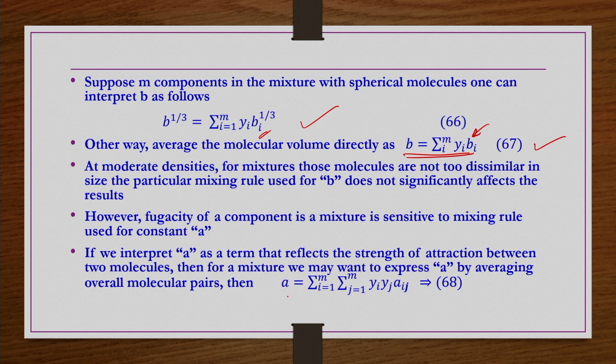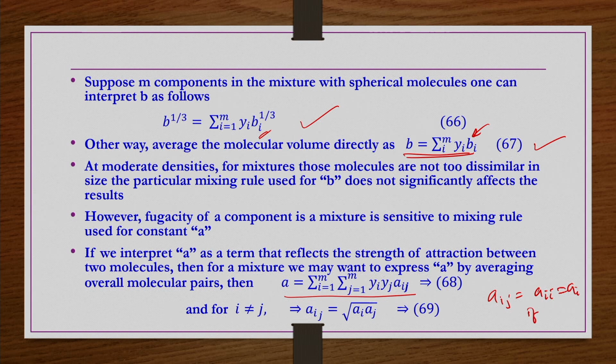For A, one mixing rule is A equals the sum over i from 1 to m, the sum over j from 1 to m, of y_i y_j a_ij. If i is not equal to j, then a_ij is the square root of a_i a_j. If i is equal to j, then a_ij is simply a_i, or a_j if you write it as jj.